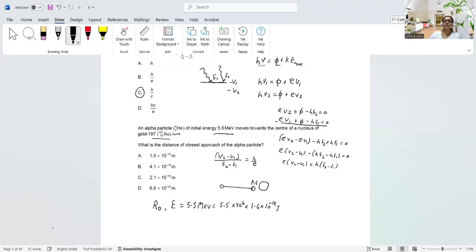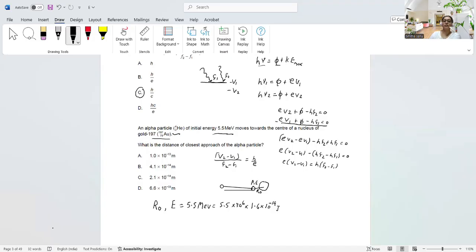And at this distance it retraces the path, it goes back to the same position from where it started. The distance between that alpha particle and the nucleus is that R0, which is the distance of closest approach. So alpha particles don't go closer than R0 because of repulsion.